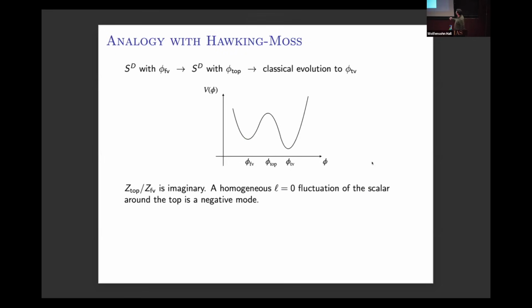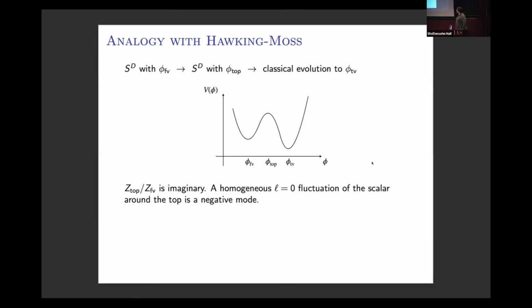So in this case, you have a potential with two minima, and you start in a false vacuum here, where the scalar field has this value phi_F everywhere in de Sitter. And the Hawking-Moss is supposed to describe the decay from this vacuum to this vacuum.